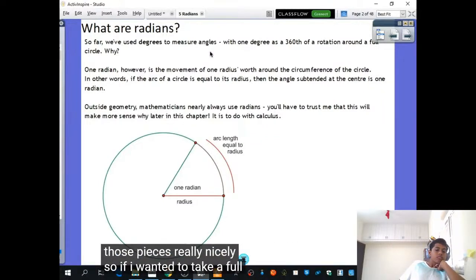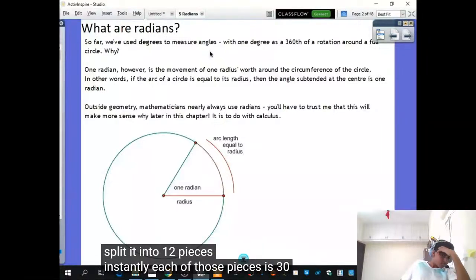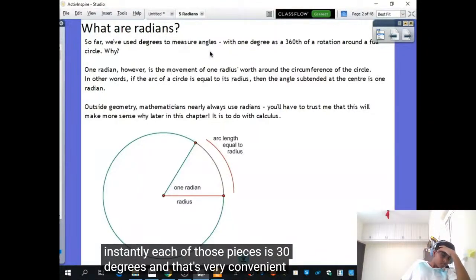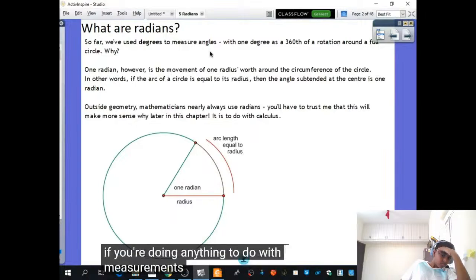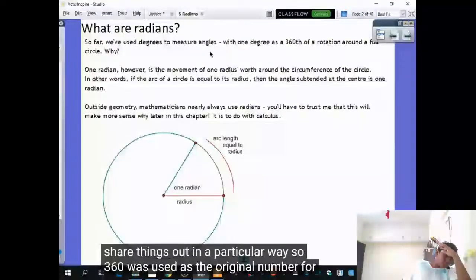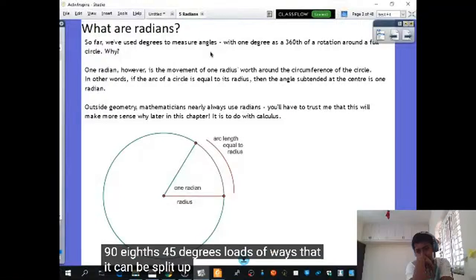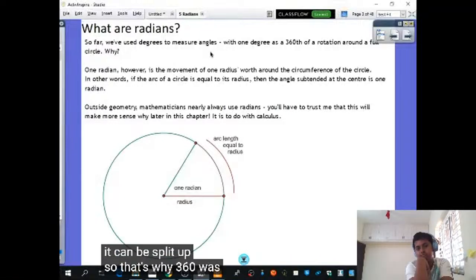So if I wanted to take a full circle and split it into 12 pieces, instantly each of those pieces is 30 degrees. And so that's very convenient if you're doing anything to do with measurements. So 360 was used as the original number for the number of degrees in a circle. Loads of ways that it can be split up. So that's why 360 was used.